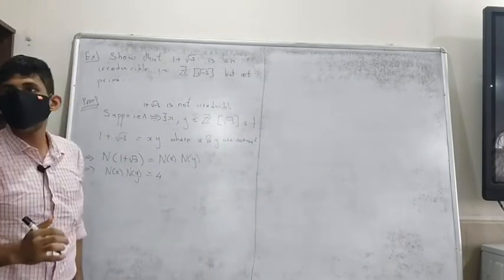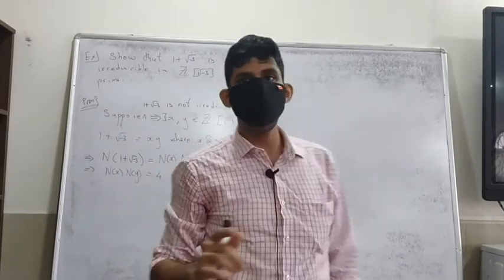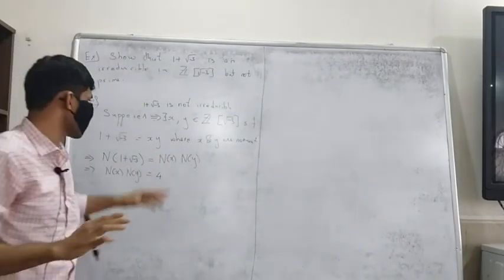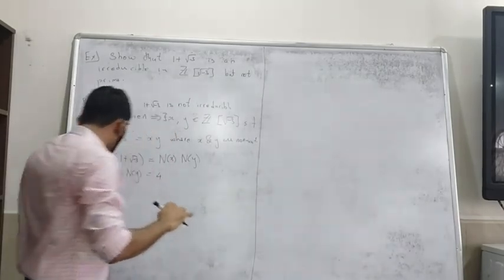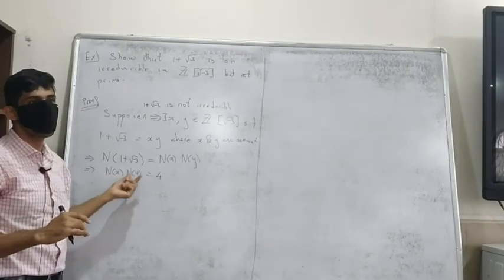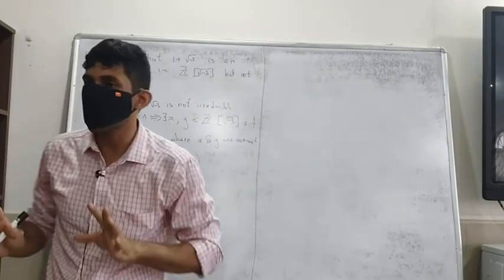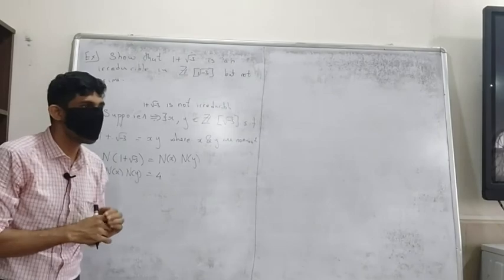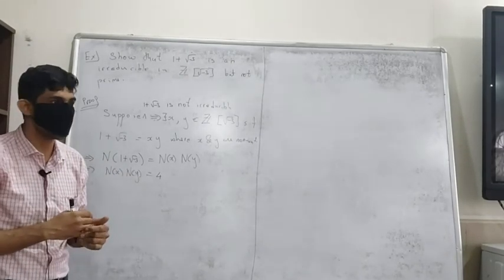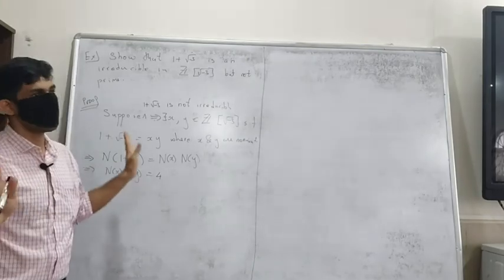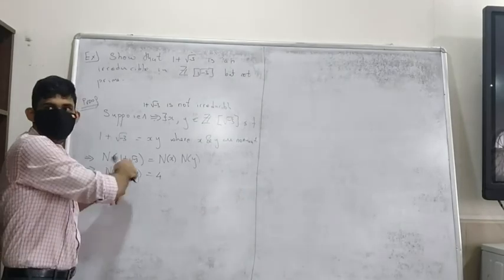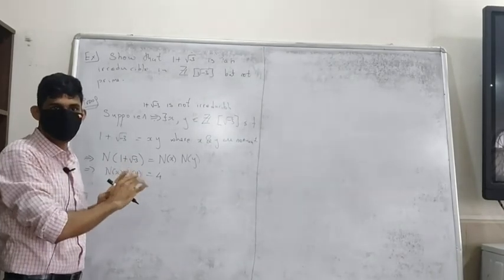Now we know that x is a unit if and only if N of x is 1. We have proved that. So since these are non-units, N of x and N of y cannot be 1. So what are the possibilities for N of x and N of y? These are both natural numbers, right? They can only be 2, because if any of them is 4, the other one has to be 1, which will make that a unit.